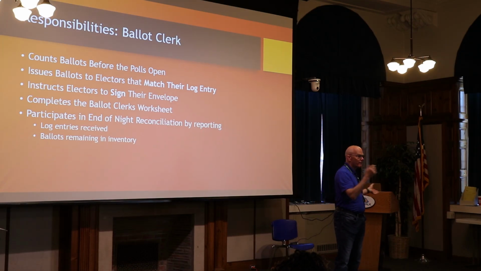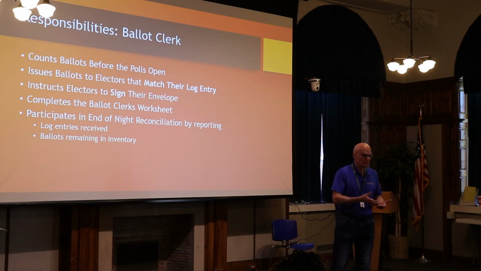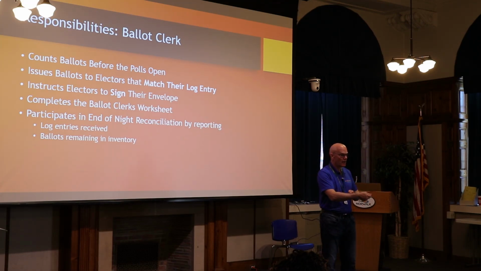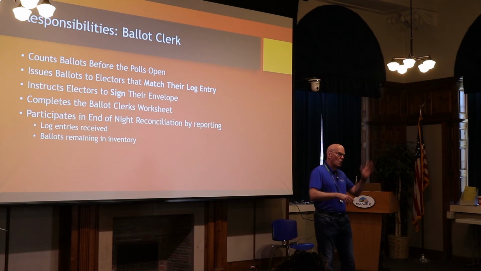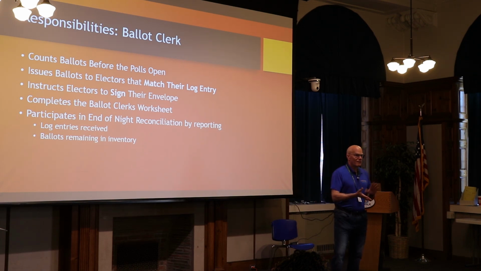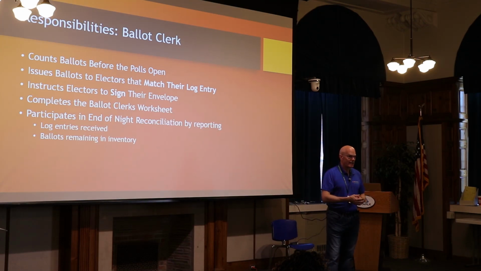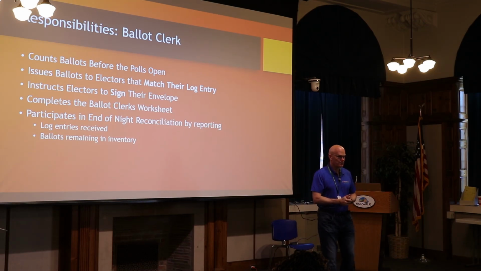Here it's kind of obvious because if somebody walks up to you with a ballot, you're going to look at which ballot it is, and you give them the exact same kind. At the polling locations, it's a little bit different. But please make sure that when you do an exchange, you replace it. There will be an envelope for spoiled ballots. There will be an envelope for abandoned ballots. Put all of those ballots in there so you can account for them at the end of the night.